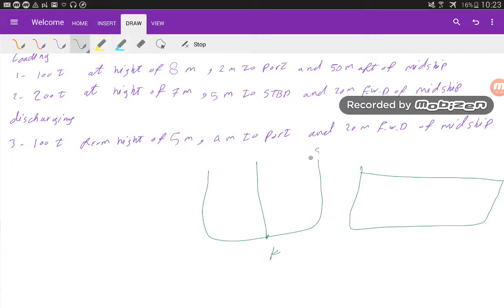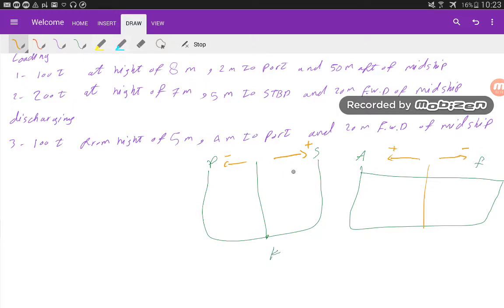Notice this is the starboard side, port side, aft, and forward. Which side do you want to consider as a plus and minus? I'm going to consider the starboard side as a plus, port side as a minus, aft side as a plus, and forward as a minus.